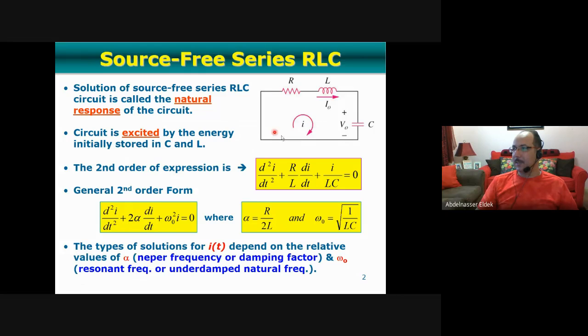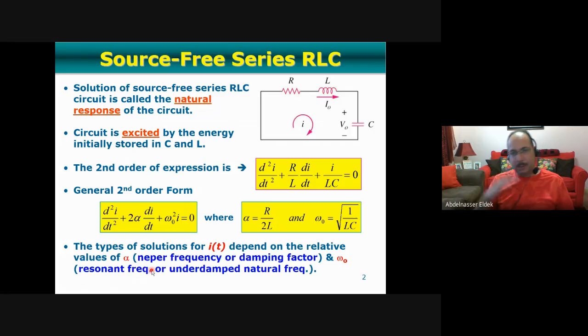So if you want to solve this circuit, what you need to do is just apply Kirchhoff voltage law in this circuit here. As we'll see in the next example, this is the differential equation when you apply Kirchhoff voltage law, and we usually use this alpha and omega instead of these values here, where alpha is called the damping factor or Neper frequency, and omega 0 is the resonance frequency.